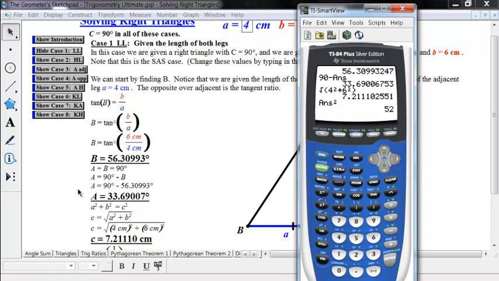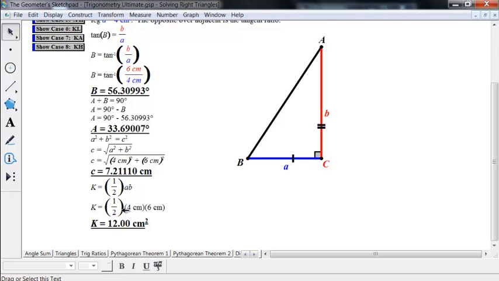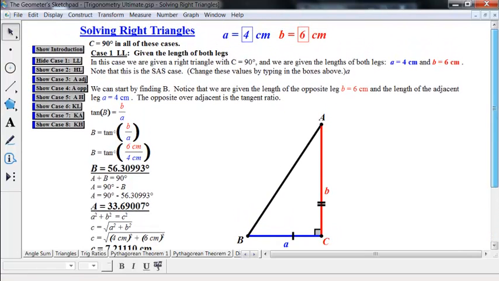All of this sketch is going to assume everything's an approximation. Then finally we're going to find the area, which is 1/2 A times B. A is 4, B is 6, so it's 1/2 times 4 is 2 times 6 is 12, so that's 12 square centimeters. So there's an example of the leg case.